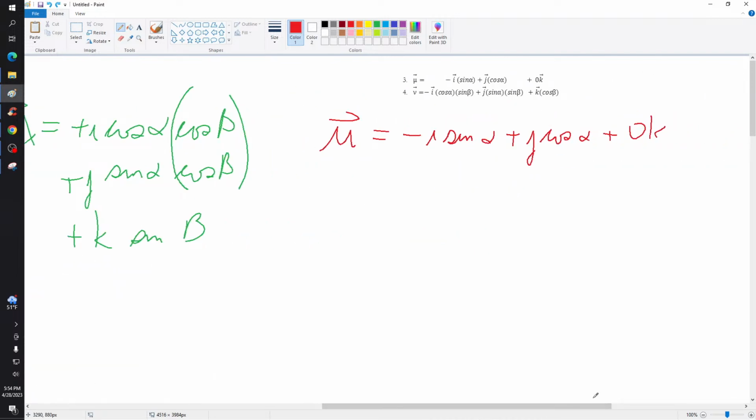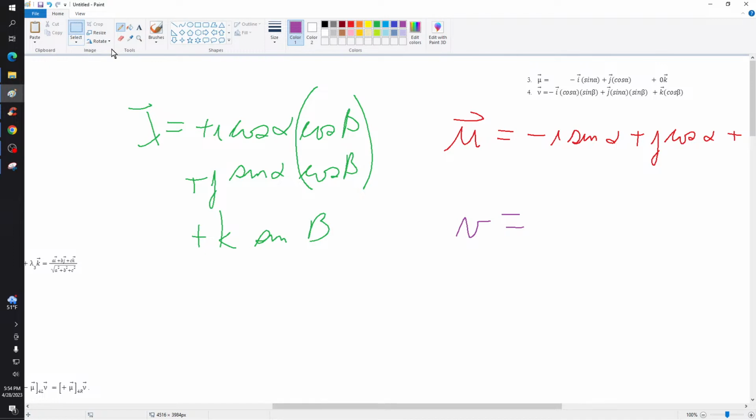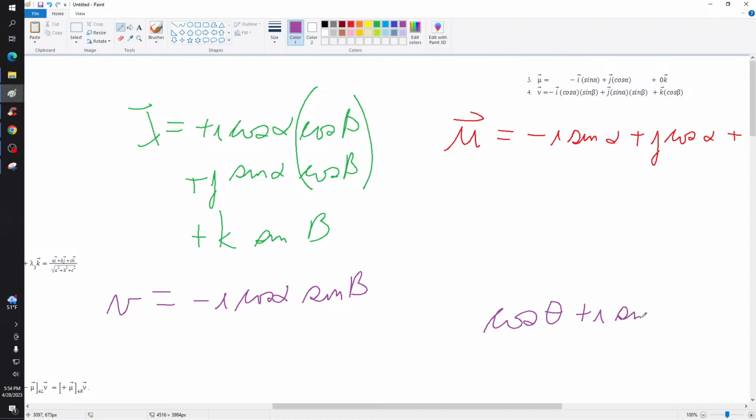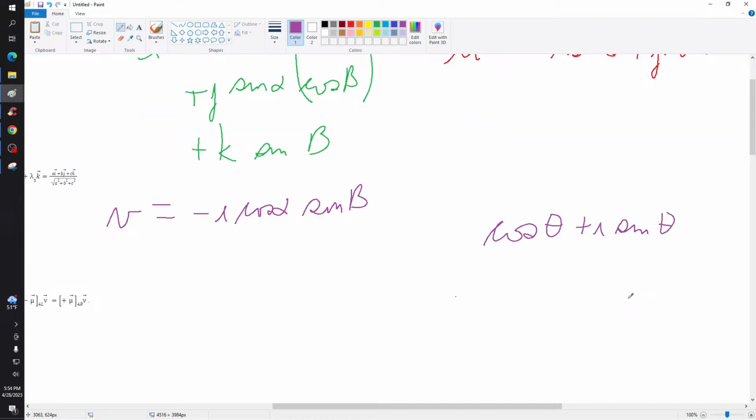And then nu, we do have to interact with the third dimension. So here, it's almost the same as lambda, but it's 90 degrees off. Nu is negative i cosine alpha sine beta. If you took a coordinate cosine theta plus i sine theta, you can rotate that 90 degrees by just writing negative sine theta plus i cosine theta.